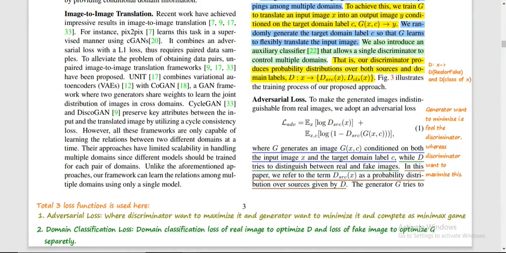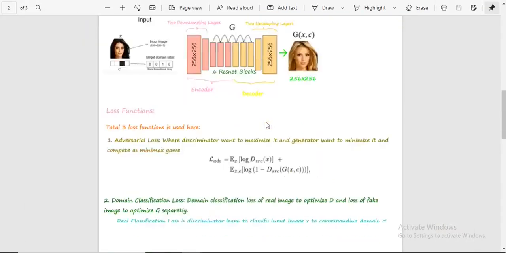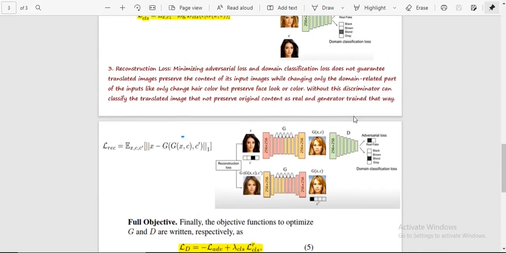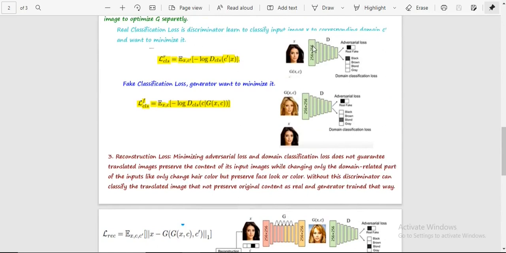If you see, we also introduce the auxiliary classifier, right? What I already said, that allows a single discriminator to control multiple domains. Here you can see the single discriminator that controls the multiple domains, that is black, brown, gray, right?